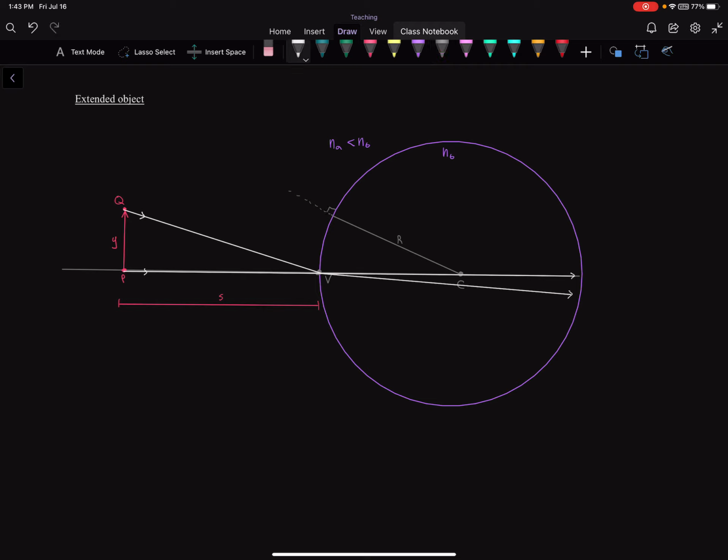And we'll consider another ray coming from the top of the arrow that goes straight through the center of curvature. I guess I didn't need to draw what I had previously. Straight through the center of curvature. I should have made these a little bit longer. Let's see if I can just do that.